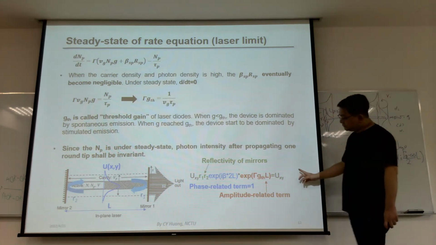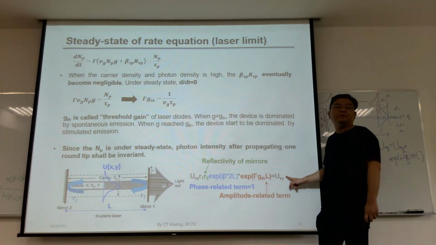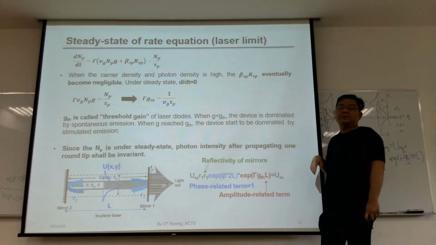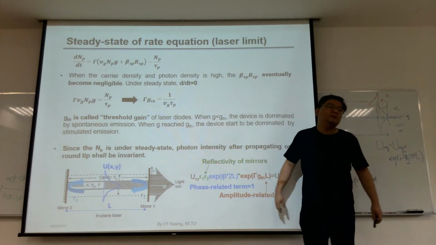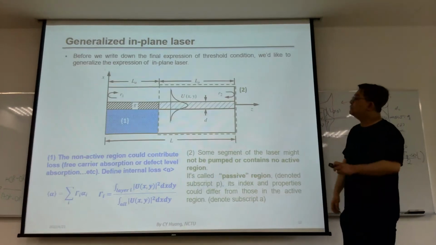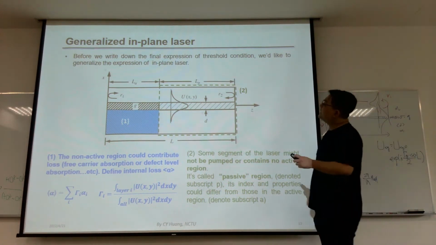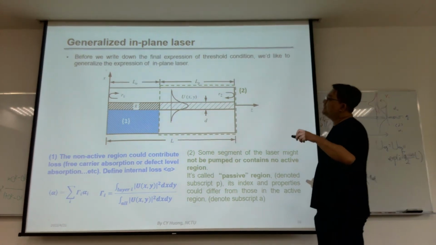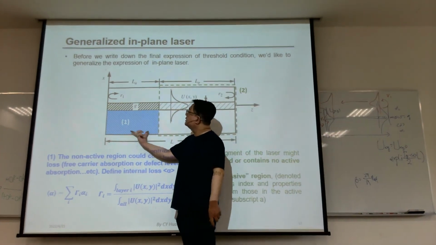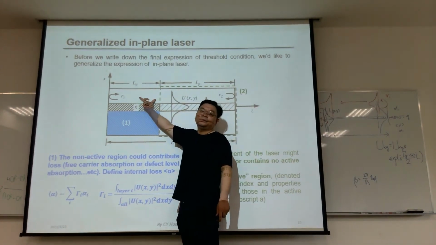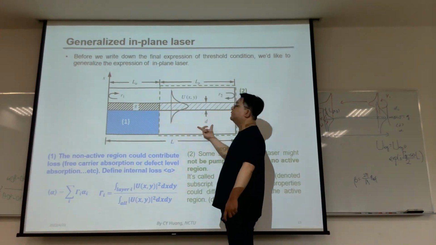So we can write it down like this. It should be the original U(x,y), then you can divide by the original term on both sides. This is the generalized laser, which might contain an active part with quantum well or active region, and a passive part with no active region.